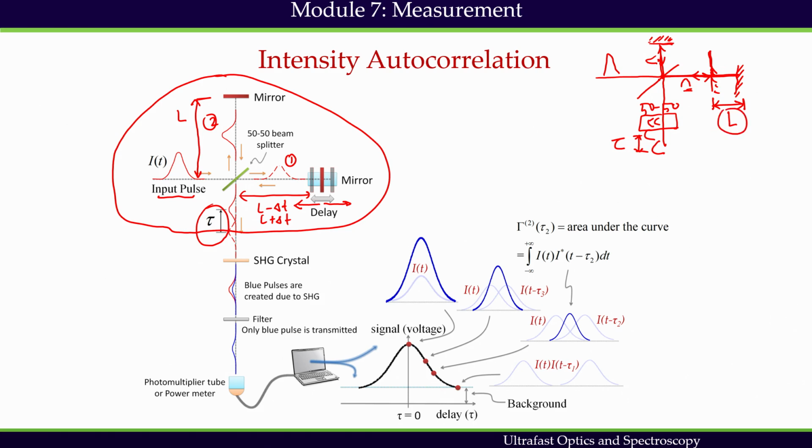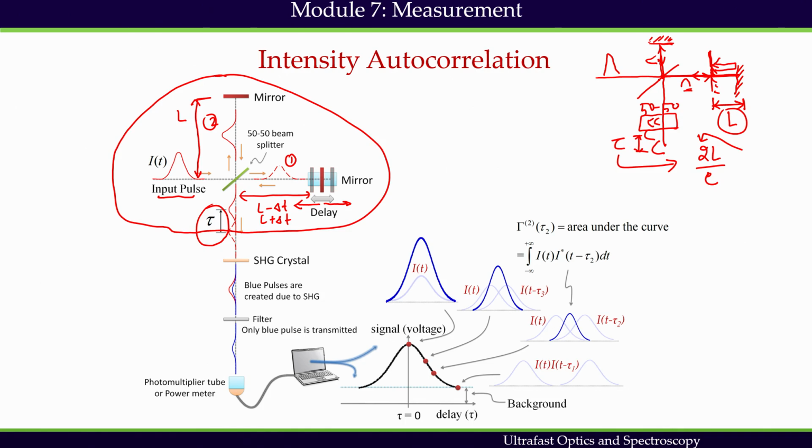If we do that, then the delay can be represented as 2L by c, distance by c, velocity or speed, giving the time. This factor 2 is coming because light must travel the extra distance to the mirror and come back from the mirror. So, it will go to the mirror and then come back. So, total distance travel is 2L.